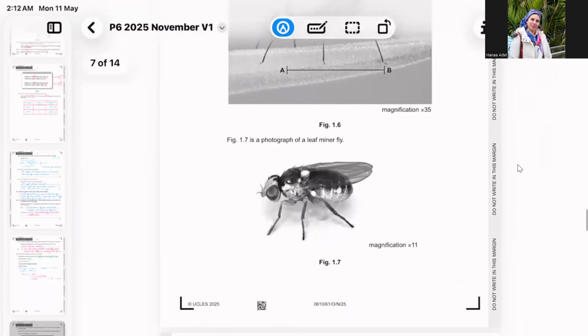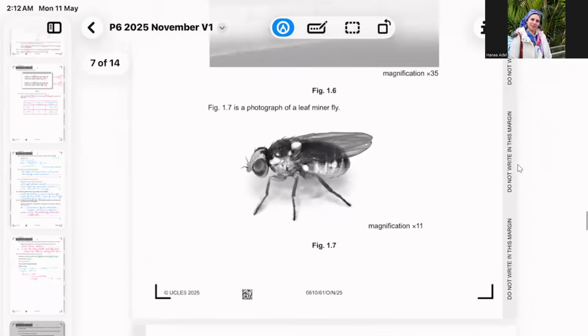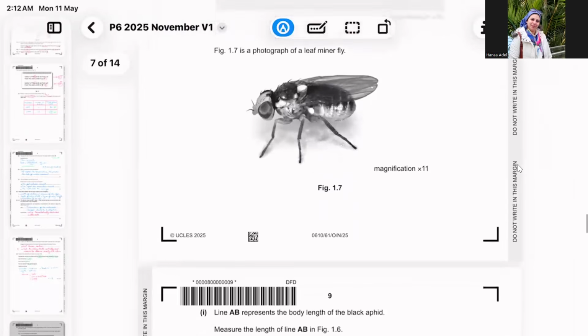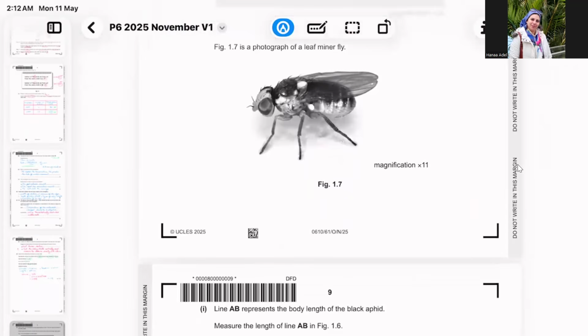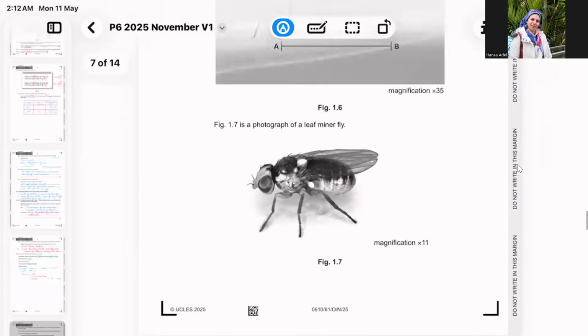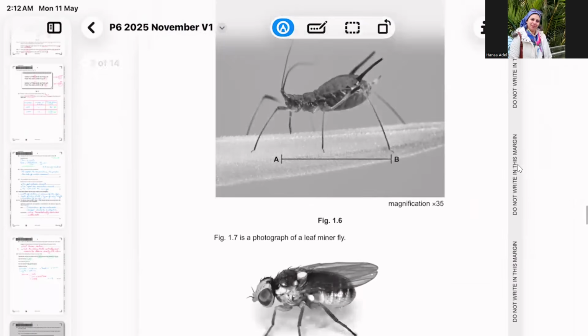Line AB represents the body length. Measure the length of AB in figure 1.6. So you just bring the ruler and measure its length.